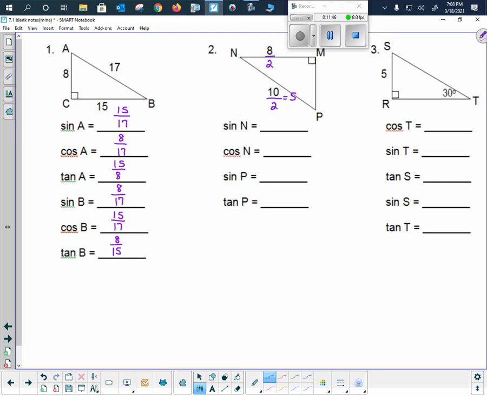That will give us 5 and 4. They do not reduce any further, so I should be asking myself, are they a triple? And we should agree that that is a triple, 3, 4, 5. That means I automatically know this side is 3. To undo what I did at the start, I divided by 2, so I need to multiply by 2, and therefore the length of this side is 6.